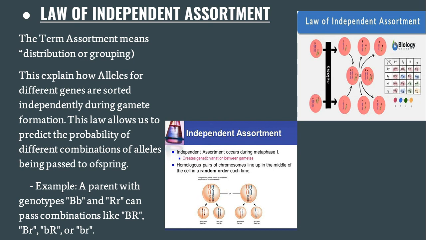Okay, so I want to discuss the diagram on the law of independent assortment. I'm explaining the diagram. Now, the combination of both parent genotypes.